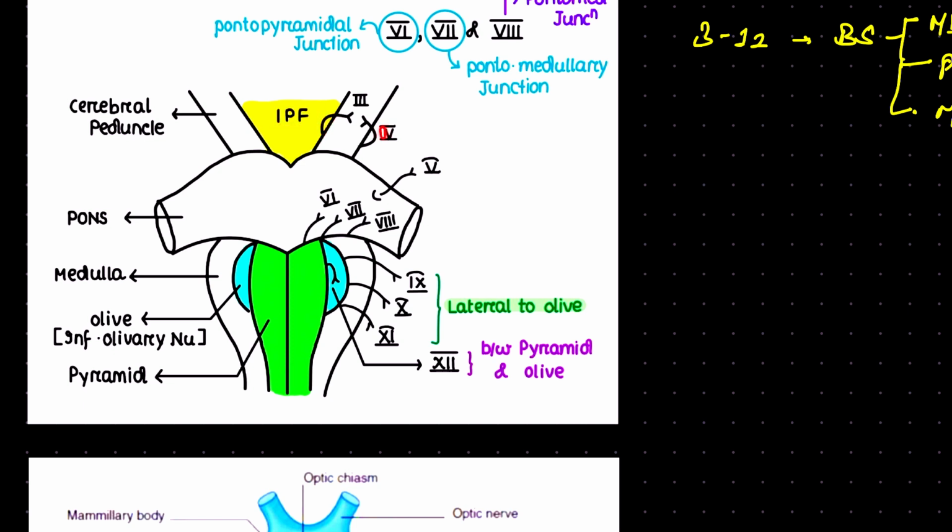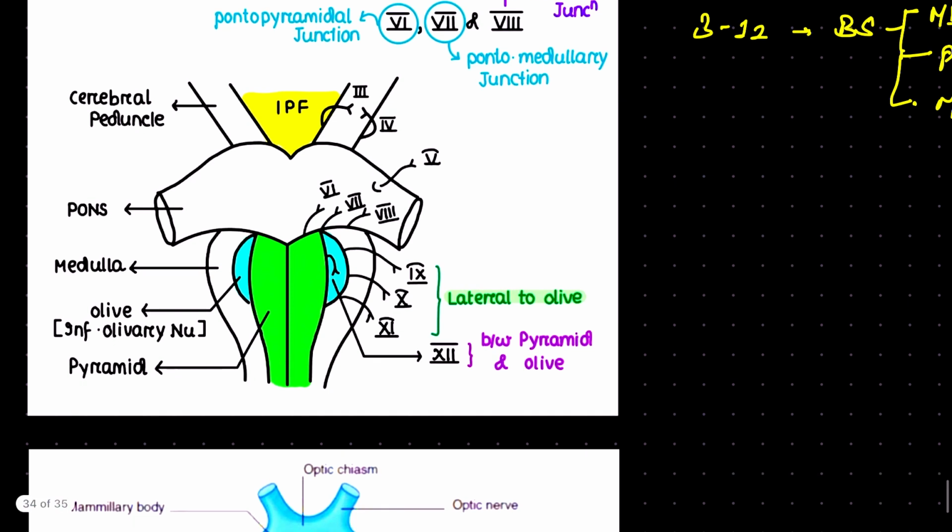And the fourth cranial nerve is the only cranial nerve that comes from the dorsal aspect of the brainstem. We have discussed the courses of the third and fourth cranial nerves in our cranial nerve lecture. So that was about our third and fourth cranial nerves.